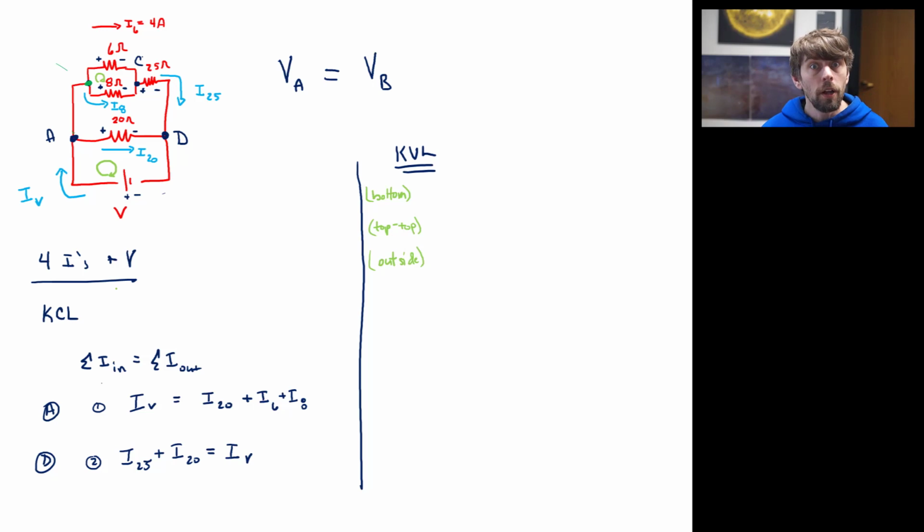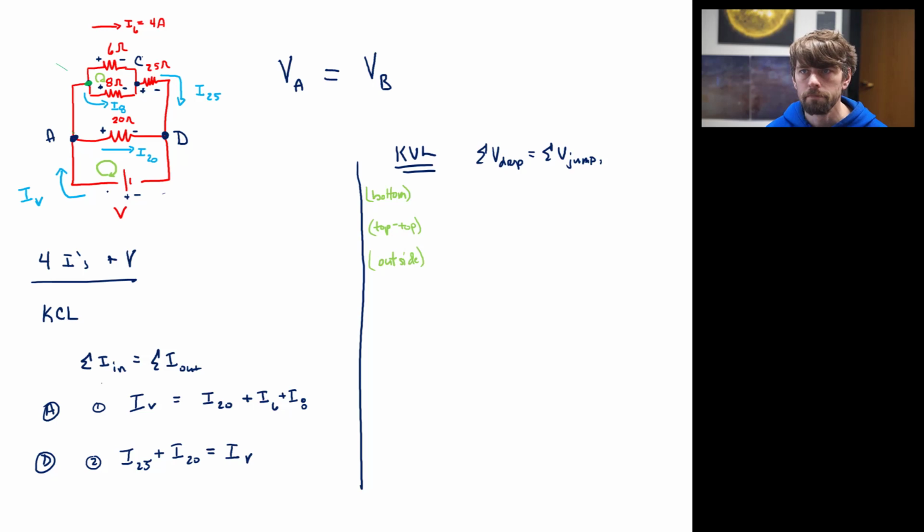Well then, let's go ahead. I will apply KVL to the bottom loop, the top loop, and the outside loop. We remember that KVL is the sum of the drops is equal to the sum of the jumps.